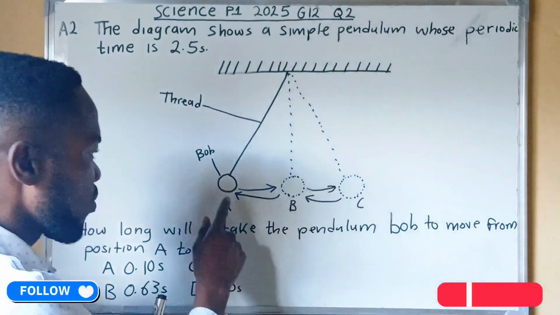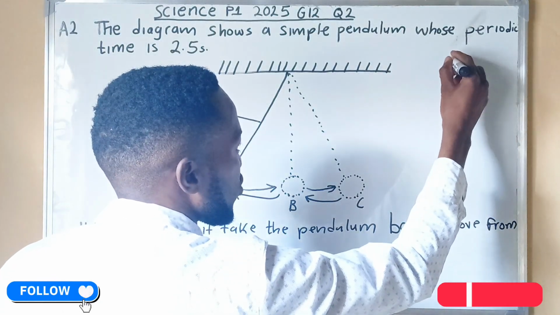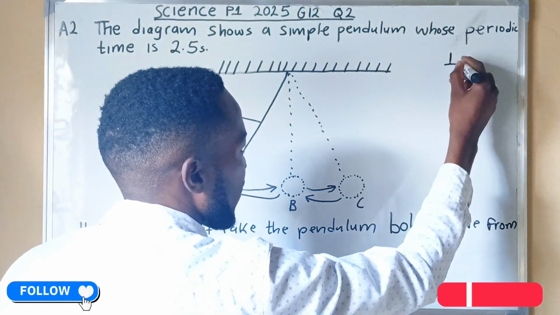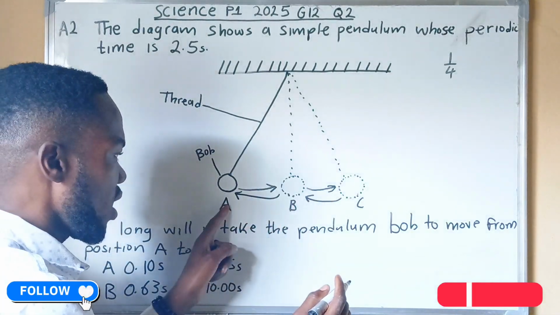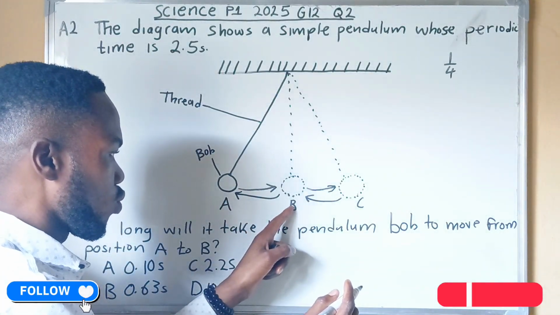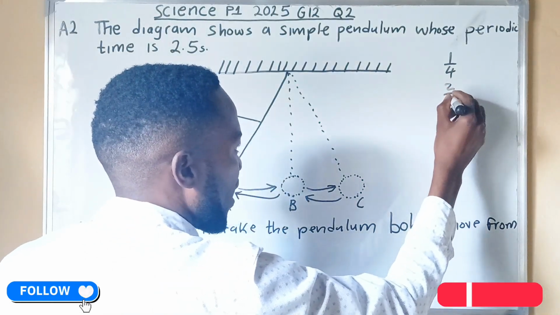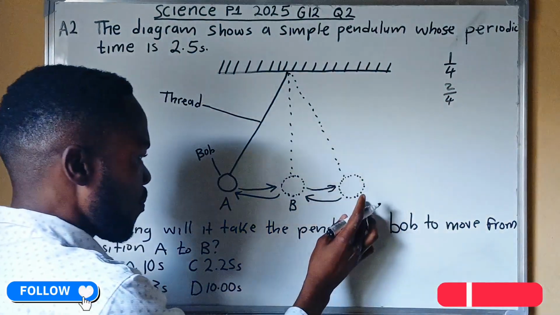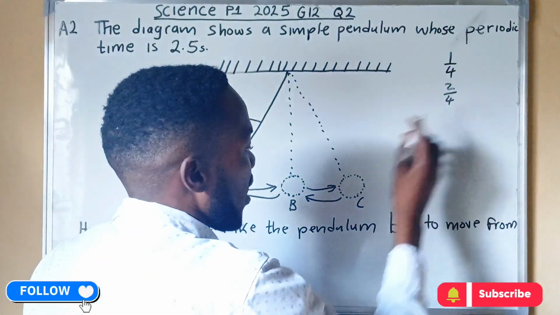If you just move from A to B, out of the circle it will be 1 over 4. When it moves from A to B, then to C, we say 2 over 4. Then back to B, that's 3 over 4.